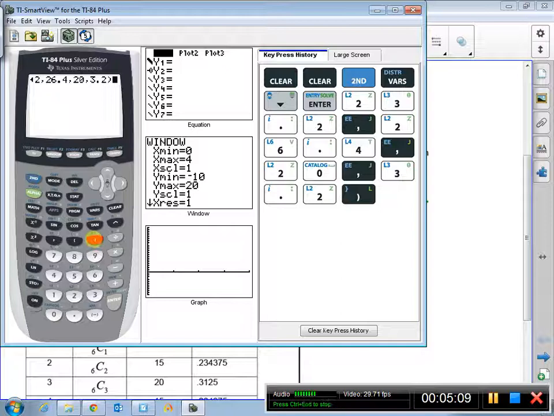Now, if you have the newer operating system, you put these in one at a time, going down, and then you use the paste function, and it'll paste that into your calculator.